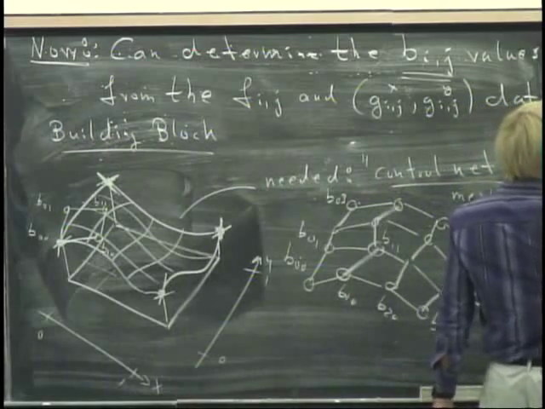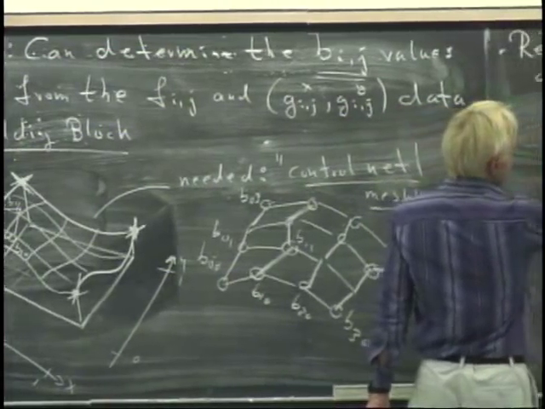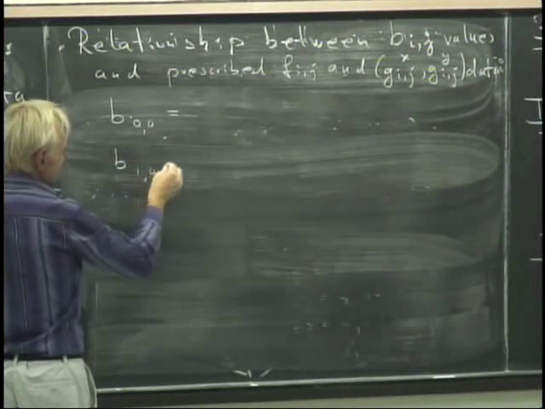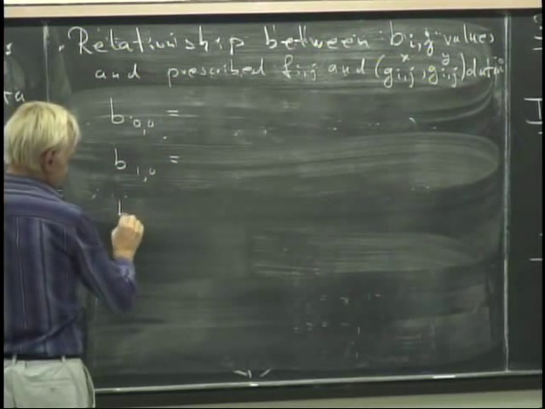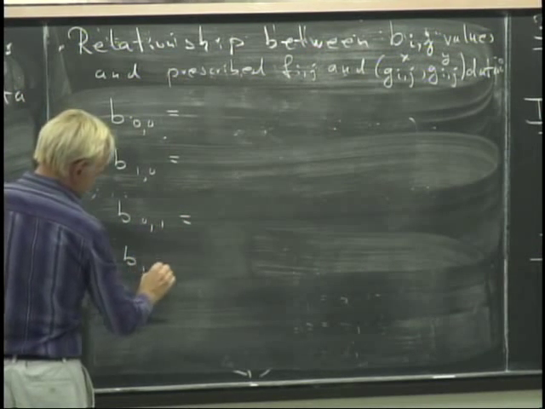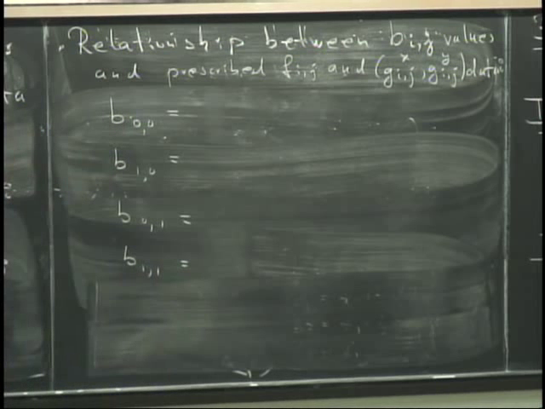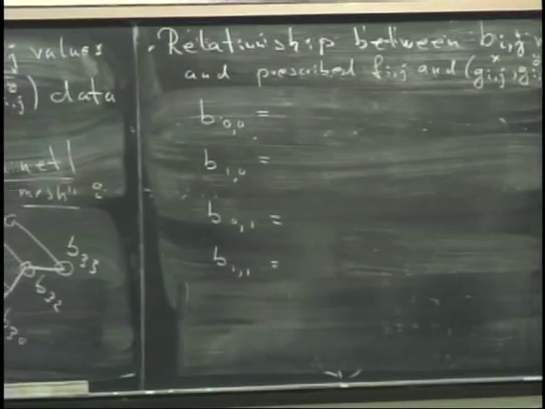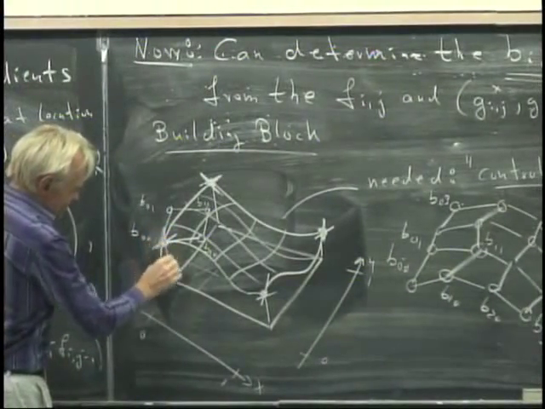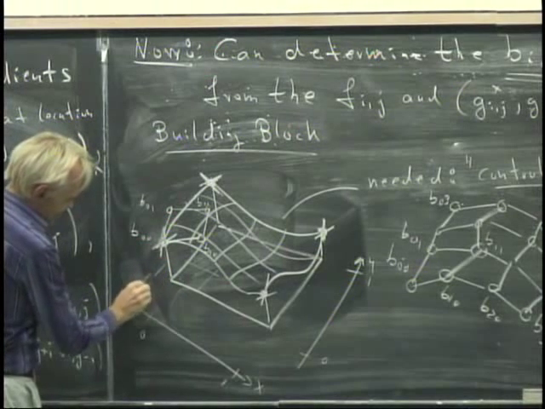So what is B00? What is B10? Sometimes I make the comma, sometimes I don't, but I hope I don't confuse you. B01 and B11. Okay. So these slopes here indicate something. The height of the stick was the value there, right?